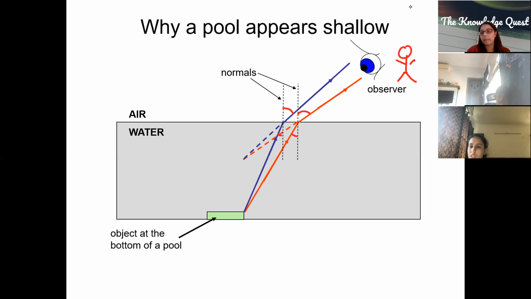So it goes straight and at a particular point they intersect. Where is that point? Is it at the same place as the object? No. It's above. And that's an illusion to our eyes. So we think that the object is above, but the object is actually deeper. But we see it higher up.